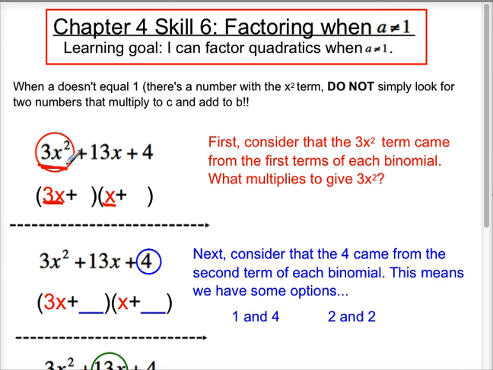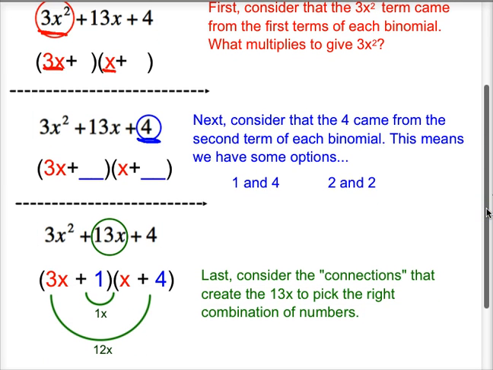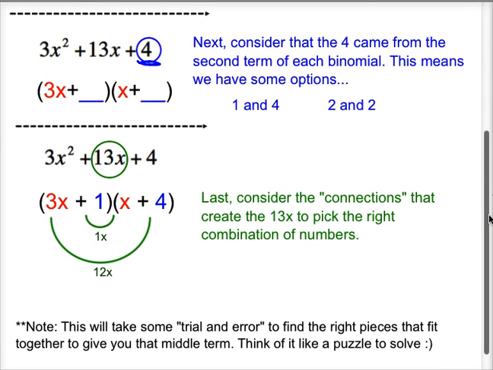Now, the next step is still the same. You still break down the 4 just like you would in the previous notes. So 4 breaks down into 1 and 4 or 2 and 2. But if you notice, neither one of those combinations, 1 plus 4 or 2 plus 2, adds to 13. Well, that's because it's the combination here that matters.